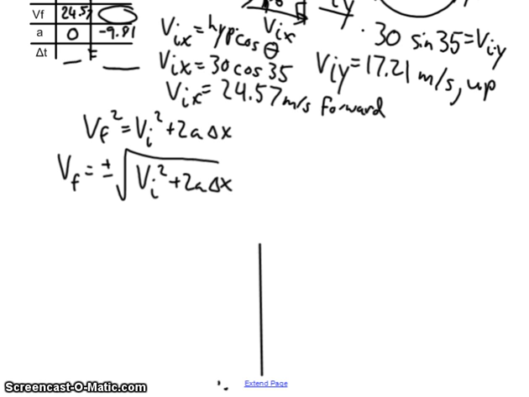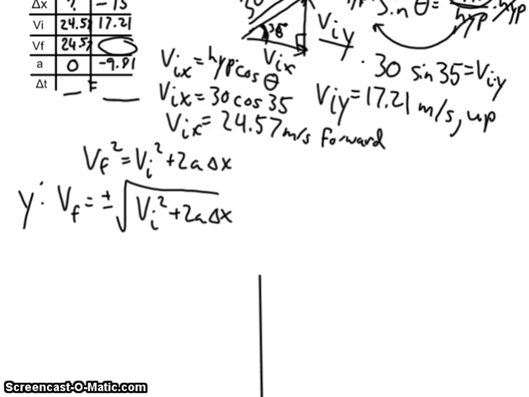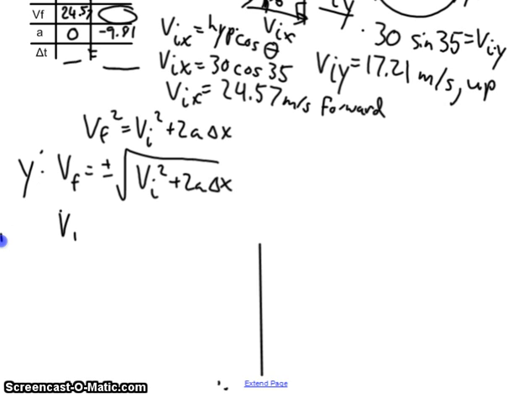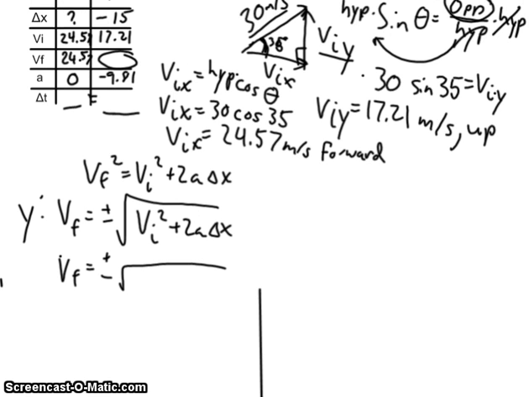And we take our values and we plug that all in. Reminder, only use the y values because we're trying to find the y final velocity. Okay, I'll even put this over on the side here of the y just to remind us to do so. So we have the final velocity is equal to plus or minus the square root of our initial velocity in the y direction, 17.21 squared, plus 2 times our acceleration, negative 9.81, times our displacement of negative 15.